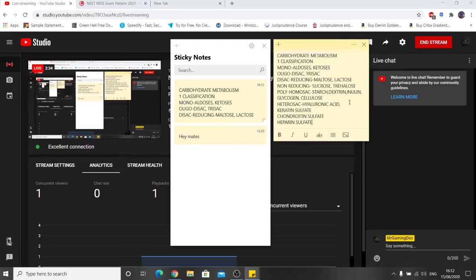So if you're very observant, you could see a little difference in these things. When it comes to homo and heterosaccharides, all the things that can be produced in our bodies are hetero, which are hyaluronic acid, keratan sulfate, chondroitin sulfate, heparan sulfate.